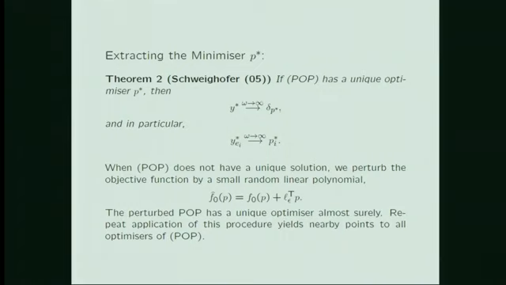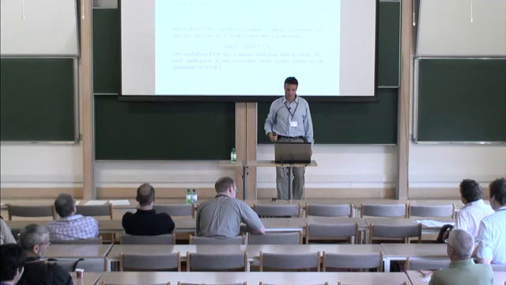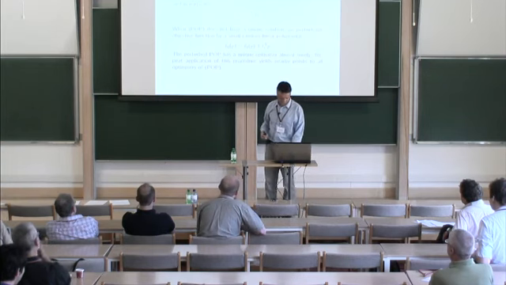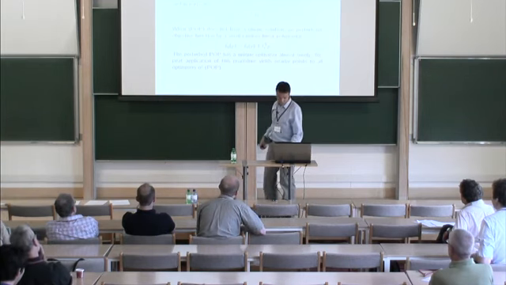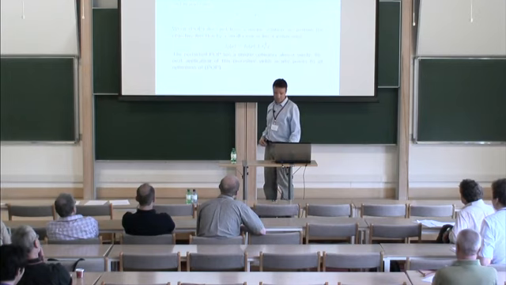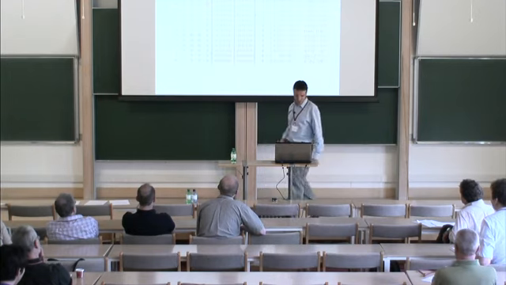So this is not the convergence as in omega really has to go to infinity, but for sufficiently high omega, you get that Y star is a Dirac measure up to numerical precision in the case where our POP has a unique solution. And if it doesn't have a unique solution, then we can introduce small random perturbations, linear perturbations to our objective function, and we get all the solutions. And it worked very well.